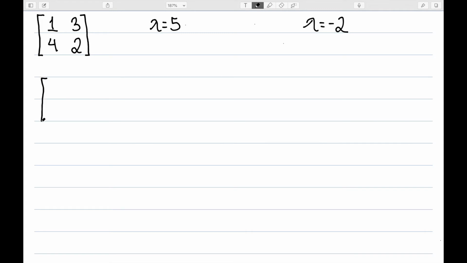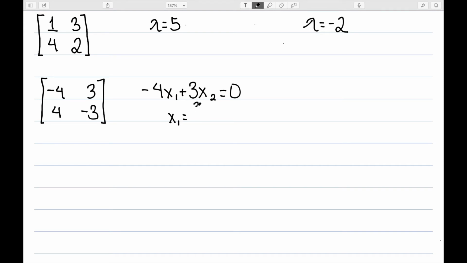So we need to subtract this from the diagonal. 1 minus 5 is negative 4, 3, 4, and 2 minus 5 is negative 3. When we write our equation, I'm going to have negative 4x1 plus 3x2 equal to 0. Solving for x1 is going to give me 3/4 x2.